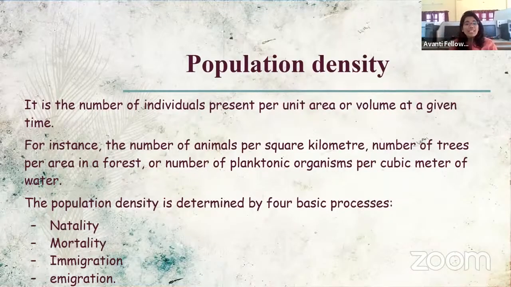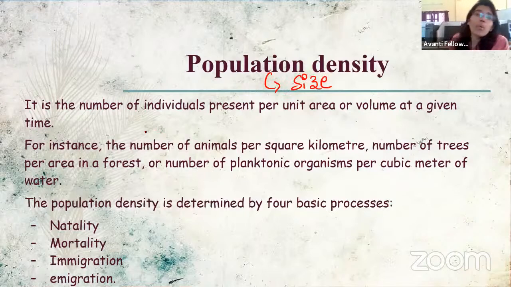And population density. The other name for population density is population size. So how do we calculate this population size? Let's say in a particular area we have 10 organisms.